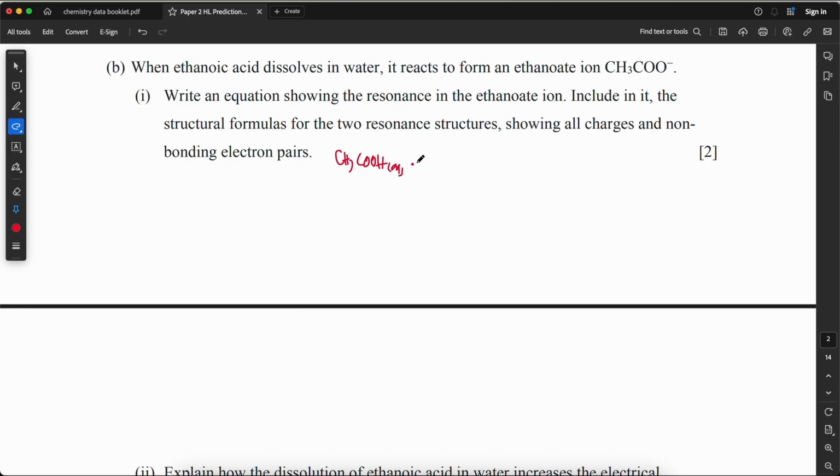CH3COOH aqueous reacts with water liquid, producing CH3COO minus aqueous plus H plus aqueous.